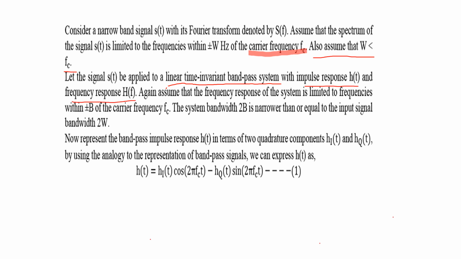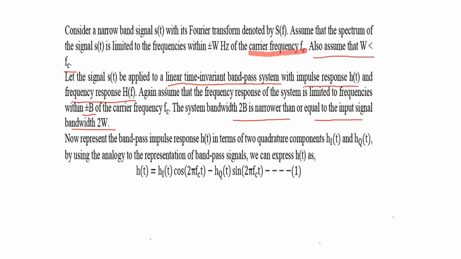Assume that the frequency response of the system is limited to frequencies within plus or minus B, that is the bandwidth of the carrier. The system bandwidth is 2B, which is narrower than or equal to the input signal bandwidth 2W. Usually in a communication system the channel bandwidth is greater than the signal bandwidth, because the signal should be transmitted through a channel without any distortion.